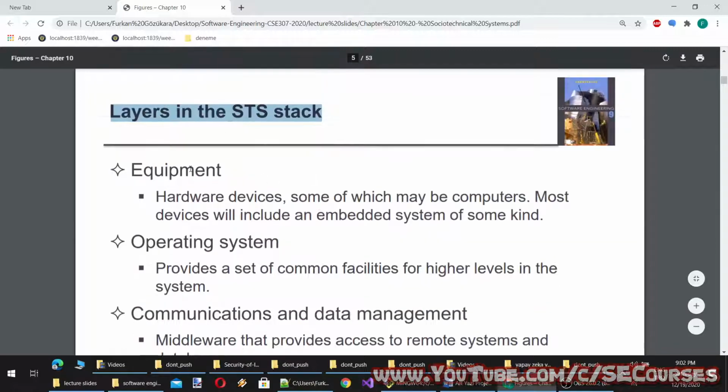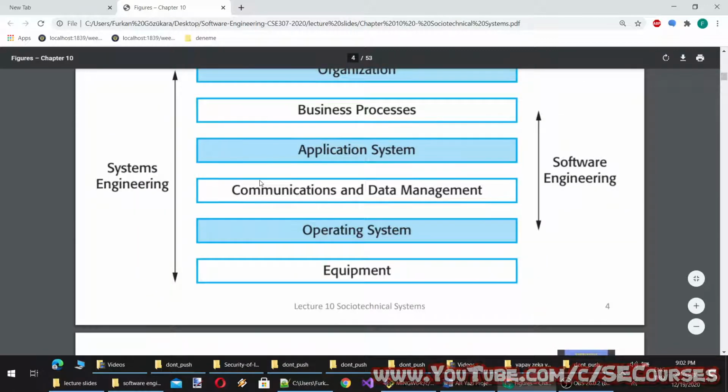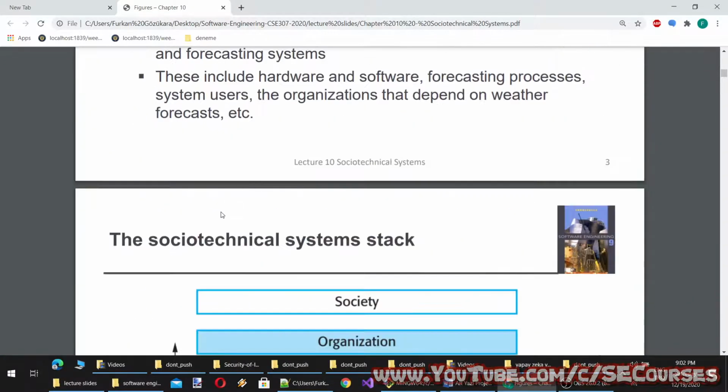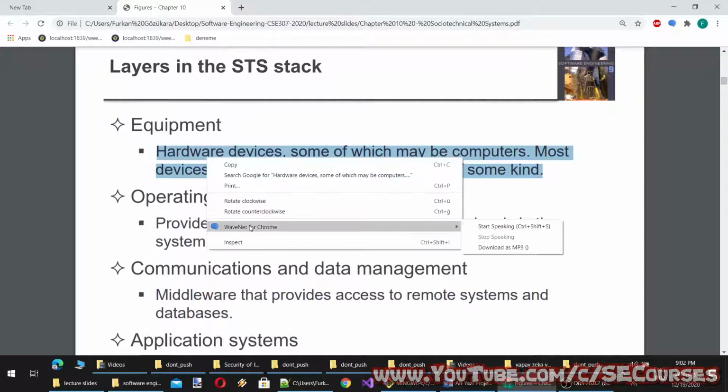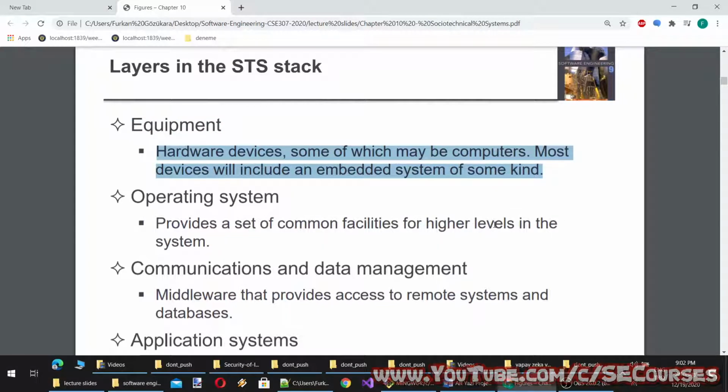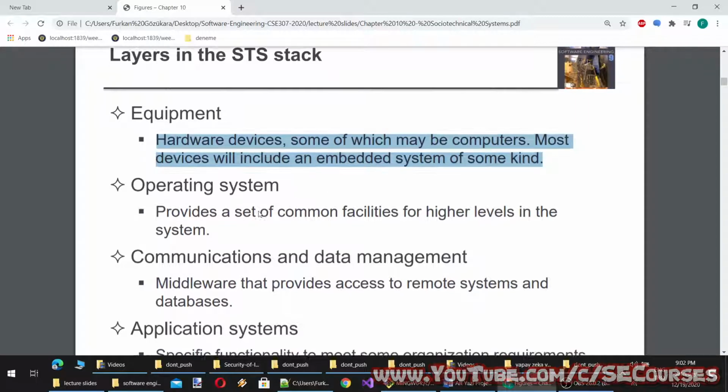Layers in the STS stack. So the STS is Socio-Technical Systems stack. Equipment: hardware devices, some of which may be computers. Most devices will include an embedded system of some kind.